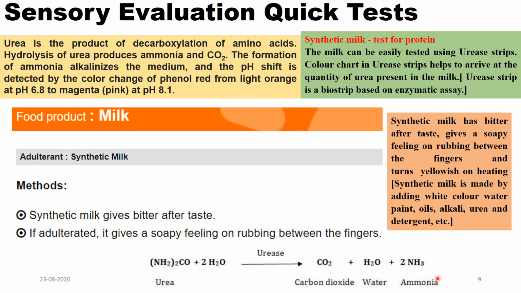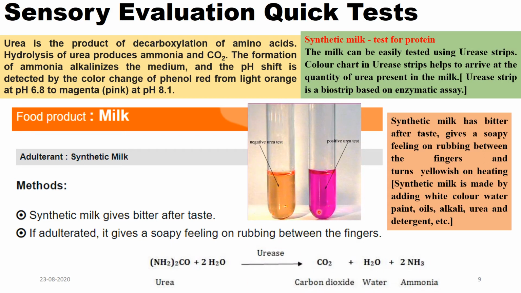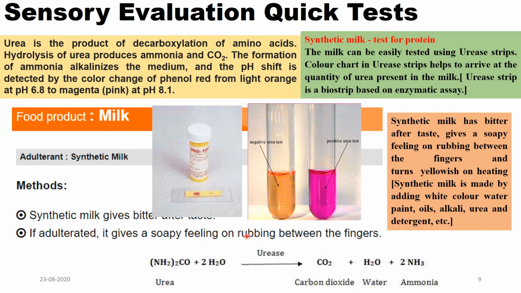That means the orange color changes to red, magenta, pink. That means here urea is negative, urea is absent here, but when urea is present, this color changes to magenta or pink. This is the urease biostrip.